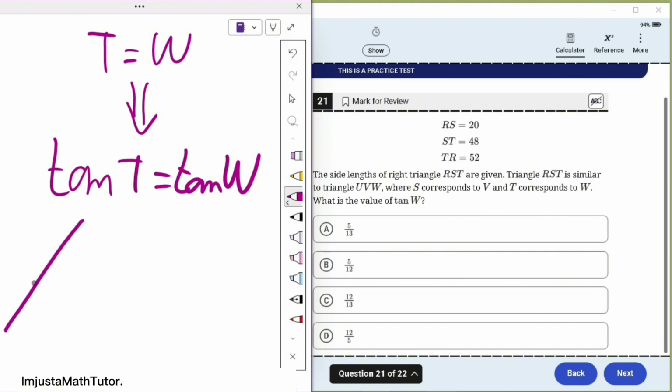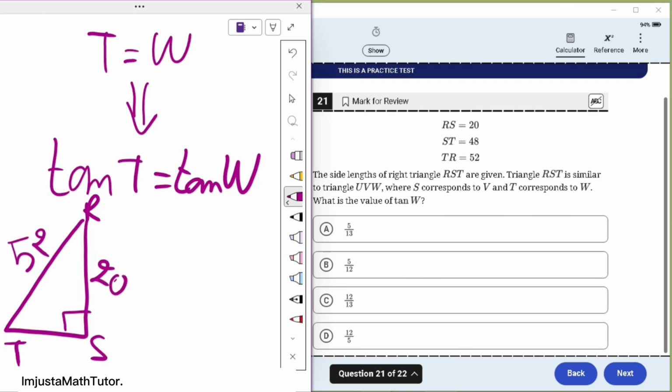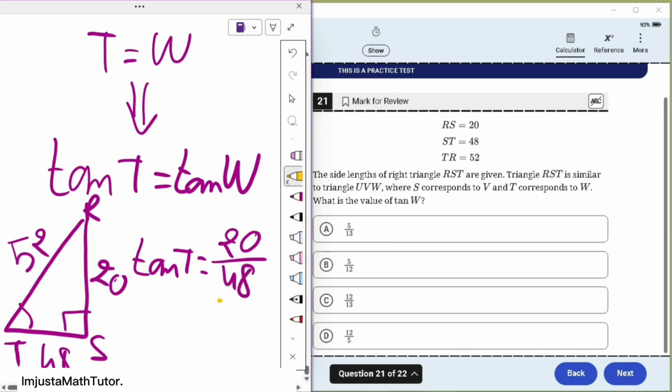And how to do that? We have the triangle. TR is the hypotenuse because it's the longest one. We are left with S, which is our 90-degree angle. RS is 20 and ST is 48. And here is our angle T. So we need to just calculate the tangent of T, which is 20 divided by 48. The adjacent and the opposite, okay? Labeled by the angle.